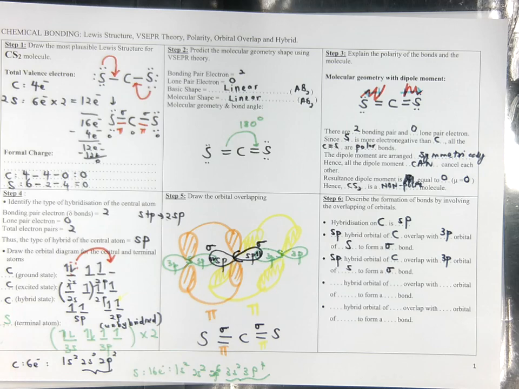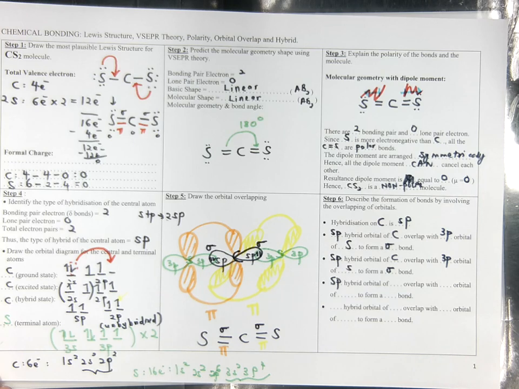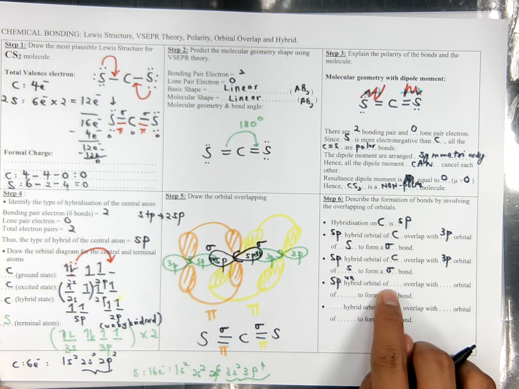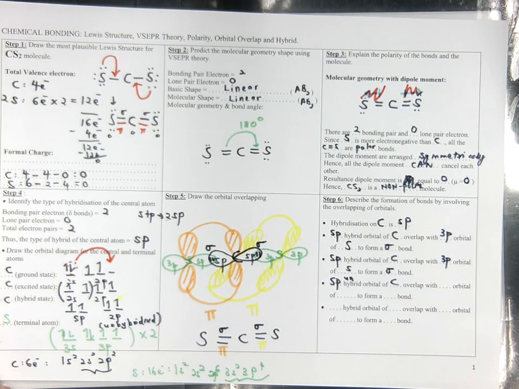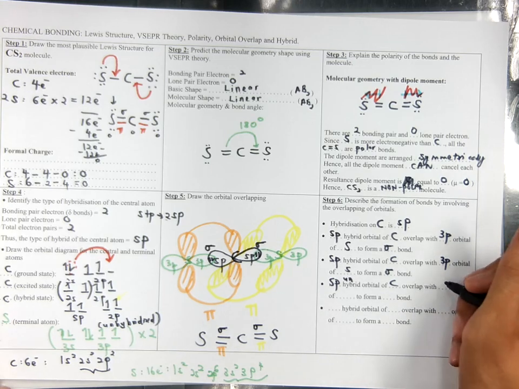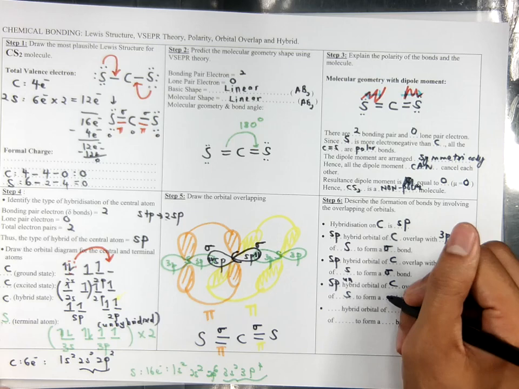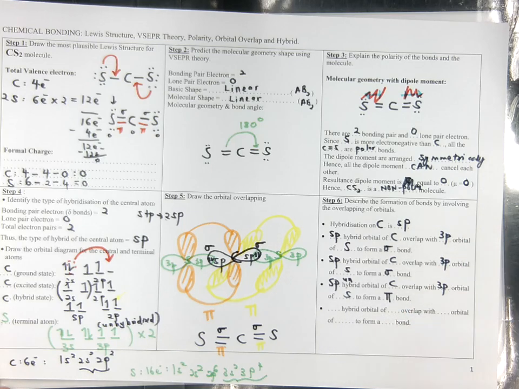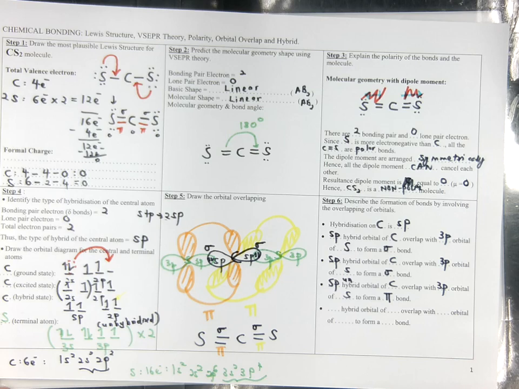At the same time, the unhybridized orbital of carbon will overlap with the 3p orbital of sulfur to form a pi bond, because the pi bond is made from the unhybridized orbital. So we need to write unhybridized orbital here.